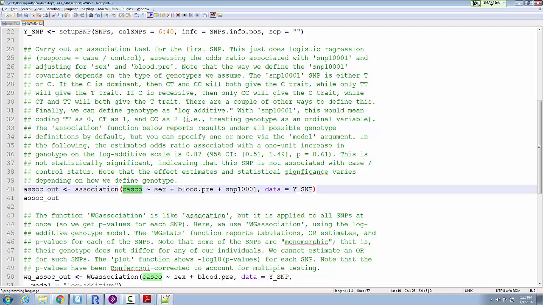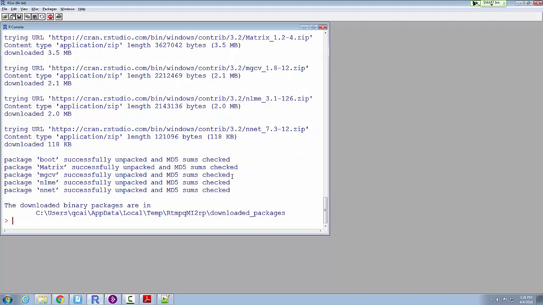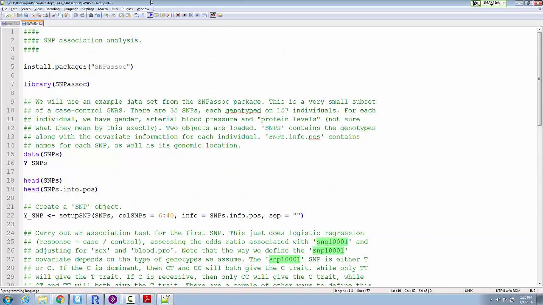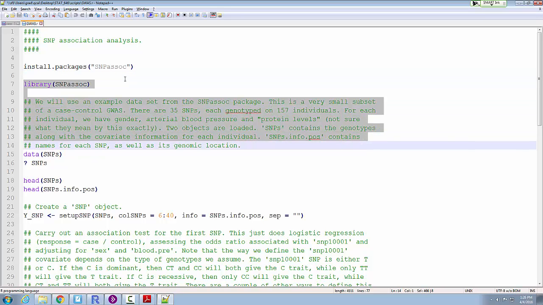And we're going to model that in terms of gender, blood pressure. And I'm just going to look at the first SNP initially. All right, so let's see if this will work for us now. I'm going to run through here.